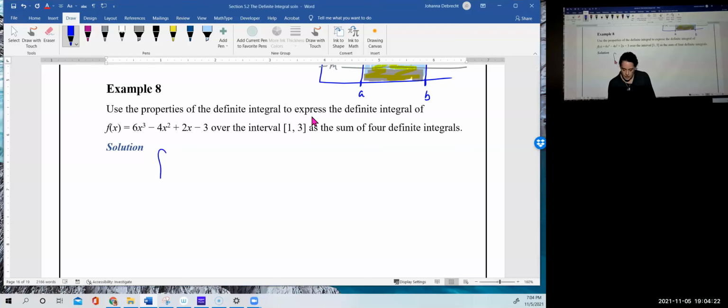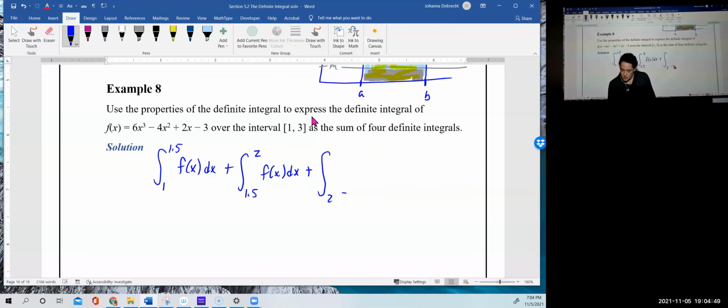Here's one way. We could divide from 1 to 1.5. And to save time, I'm just going to write f of x dx plus the integral from 1.5 to 2 of f of x dx plus the integral from 2.5 to, I need to stop because these need to connect.